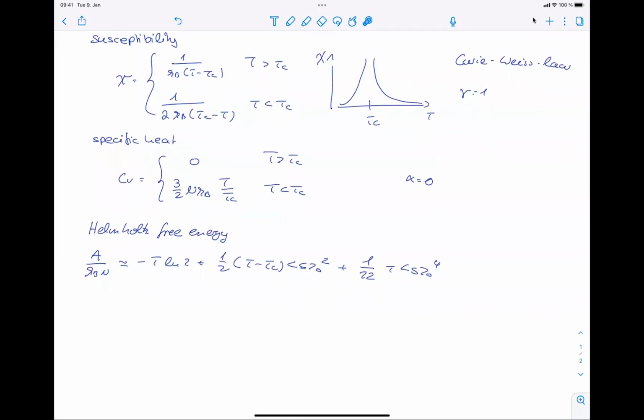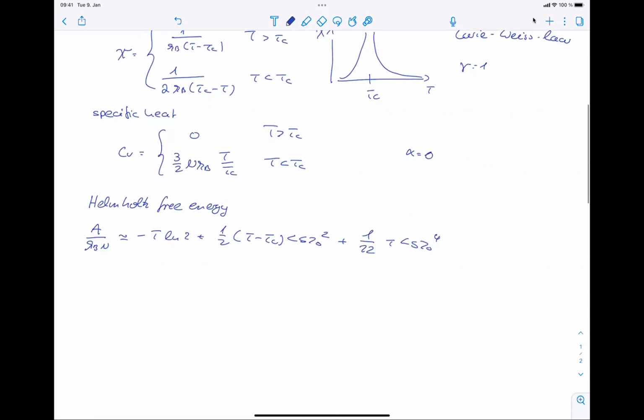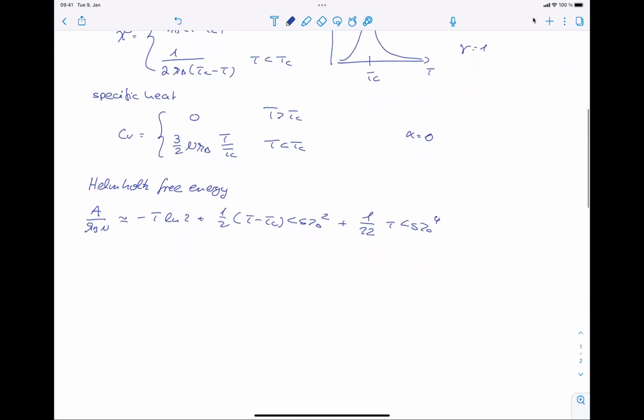So looking at the states that minimize the free energy, we find that what is determining the shape of the free energy is this, like this is always positive, but this can change sign depending if T is above, positive, or below the critical temperature, negative.